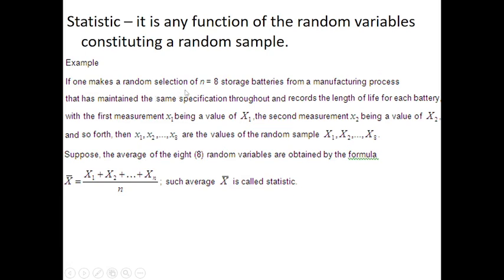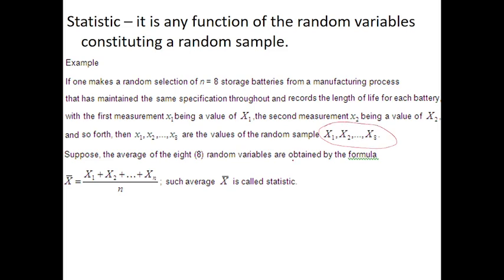If one makes a random selection of n equals 8 storage batteries from a manufacturing process that has maintained the same specification throughout and records the length of life for each battery, with the first measurement x sub 1 being a value of the x sub 1 random variable, the second measurement x sub 2 being a value of the x sub 2 random variable, and so forth, then x sub 1 up to x sub 8 are the values of the random sample.